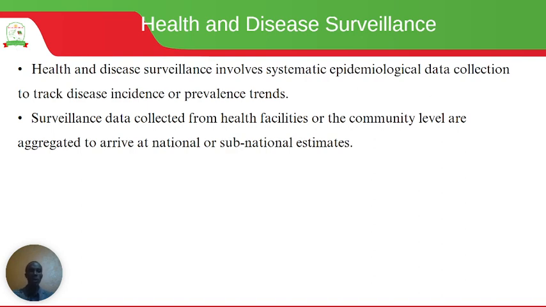So when we systematically collect this data of the new and the old cases, then we are achieving what we call surveillance. So surveillance data will be collected from health facilities or at community level and is aggregated to arrive at national and subnational estimates of the diseases that we are interested in.